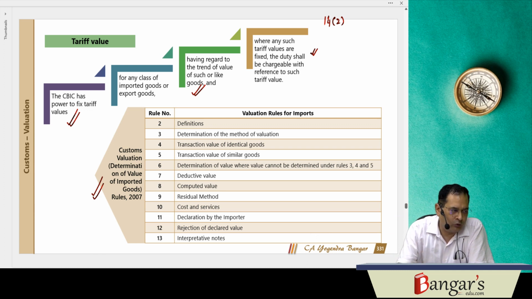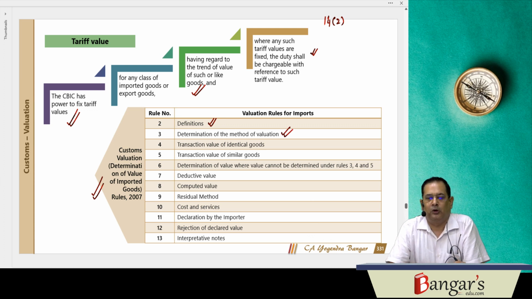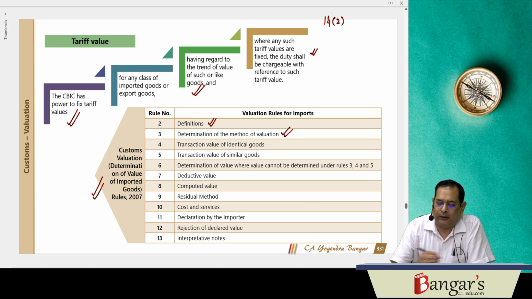Rule 2 deals with the definitions. Rule 3 is the determination of the method of valuation. Basically, the value will be what? The transaction value.